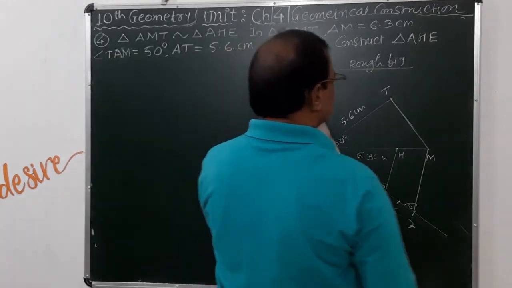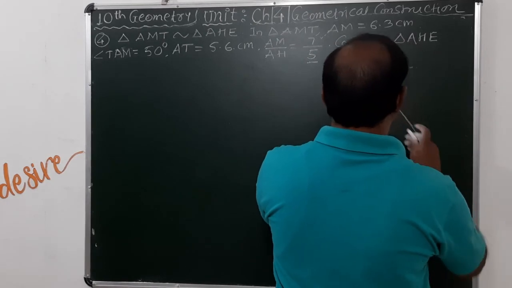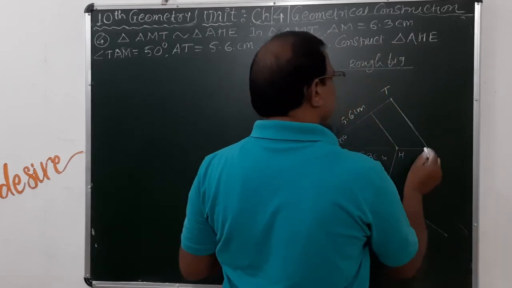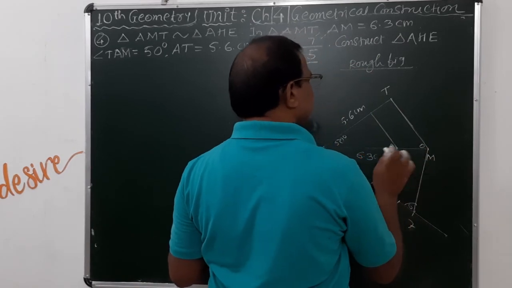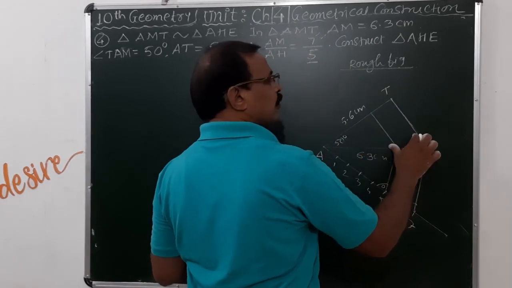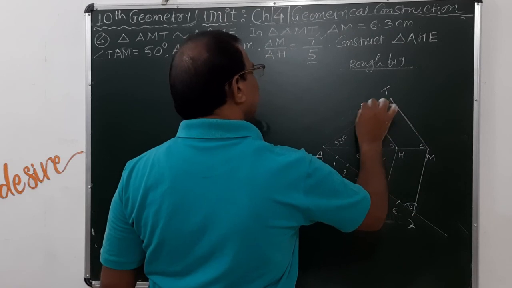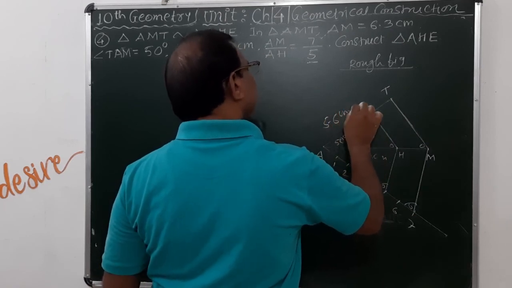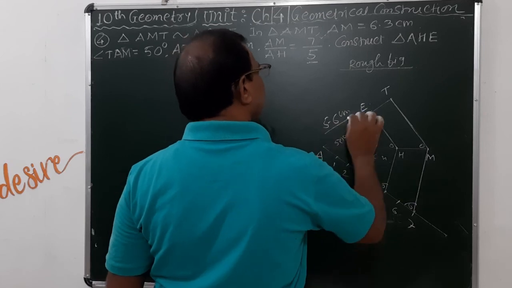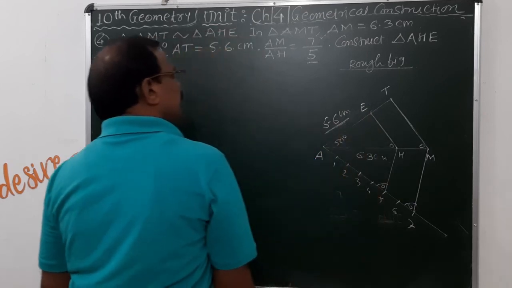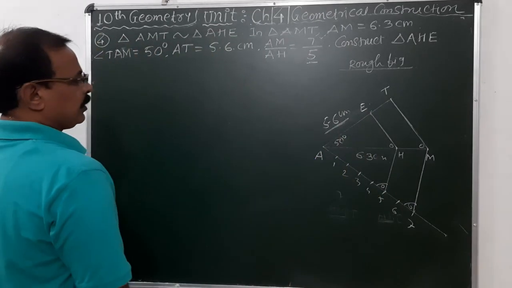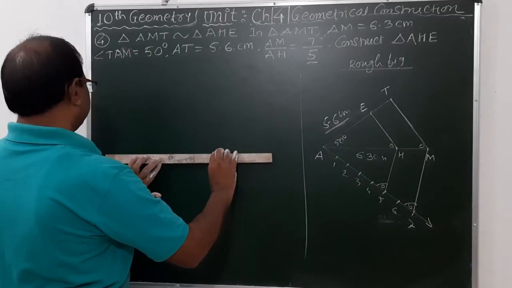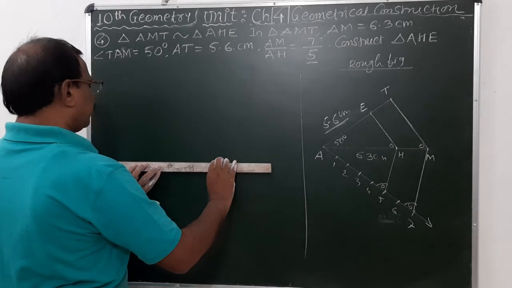And then again draw a parallel to this line, so that these angles are the same. If these angles are the same, this line must be parallel, because of point E, here 5.6 centimeter. So this is nothing but the E point. In this way we can find AH. Just see the rough figure and draw it.